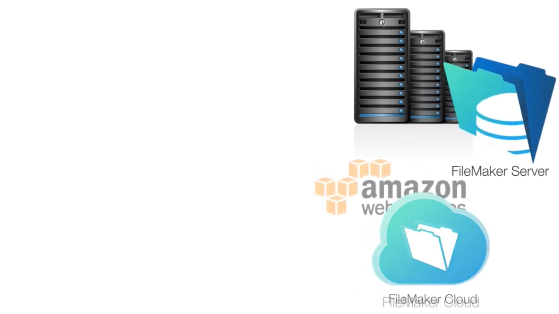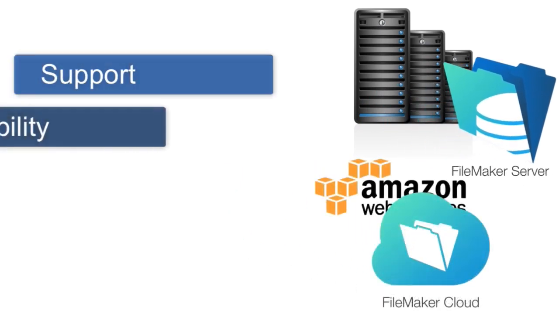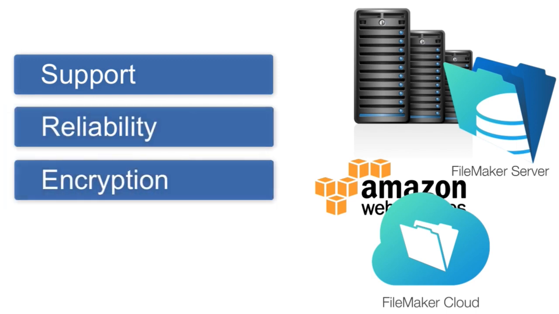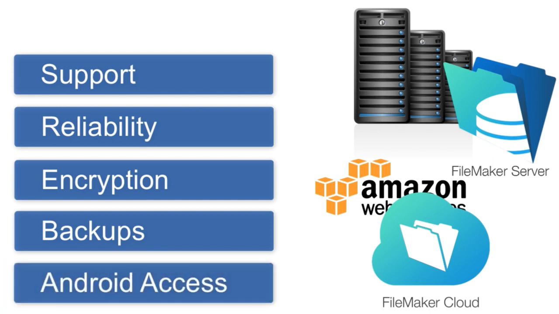FileMaker Server and FileMaker Cloud provide robust support in terms of high reliability, encryption of the database traffic, and automatic backups to protect your database, as well as web browser access for Android devices and Chromebooks. All the things that you would expect from a robust and professional server product.